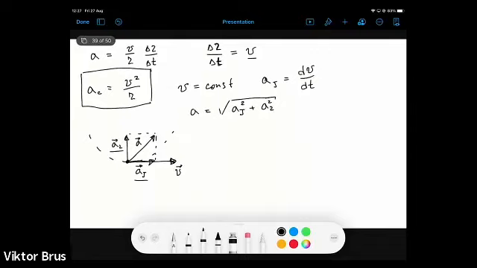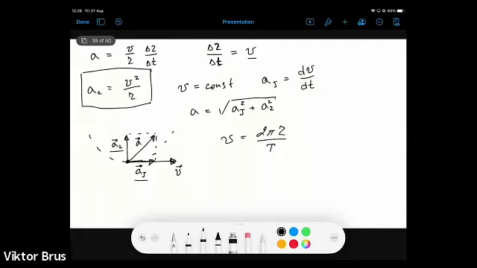We can write that linear velocity is equal to 2 pi times radius divided by some time interval T. The numerator, as you may remember from geometry, is just the length of the circle, 2 pi times r.